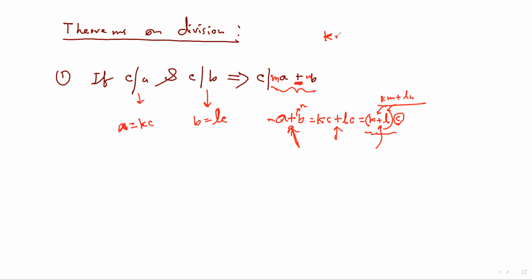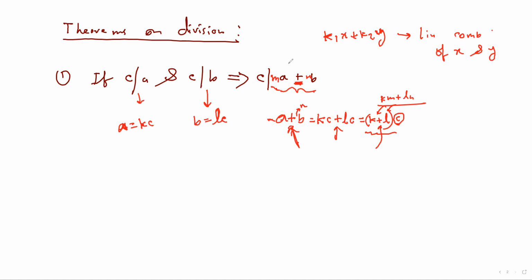Something like k1 x plus k2 y. Things like these are called linear combinations of x and y.